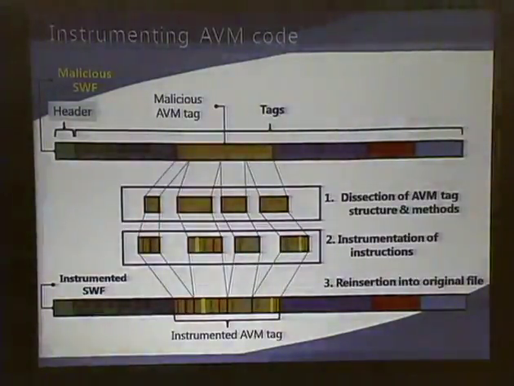For all the functions or all the basic blocks, you can put your own instructions. In this case, it's a trace with some unique strings, each executing some basic block number or some unique numbers. Then you can recombine all these instrumented AVM tags into one, and you create a new SWF file.